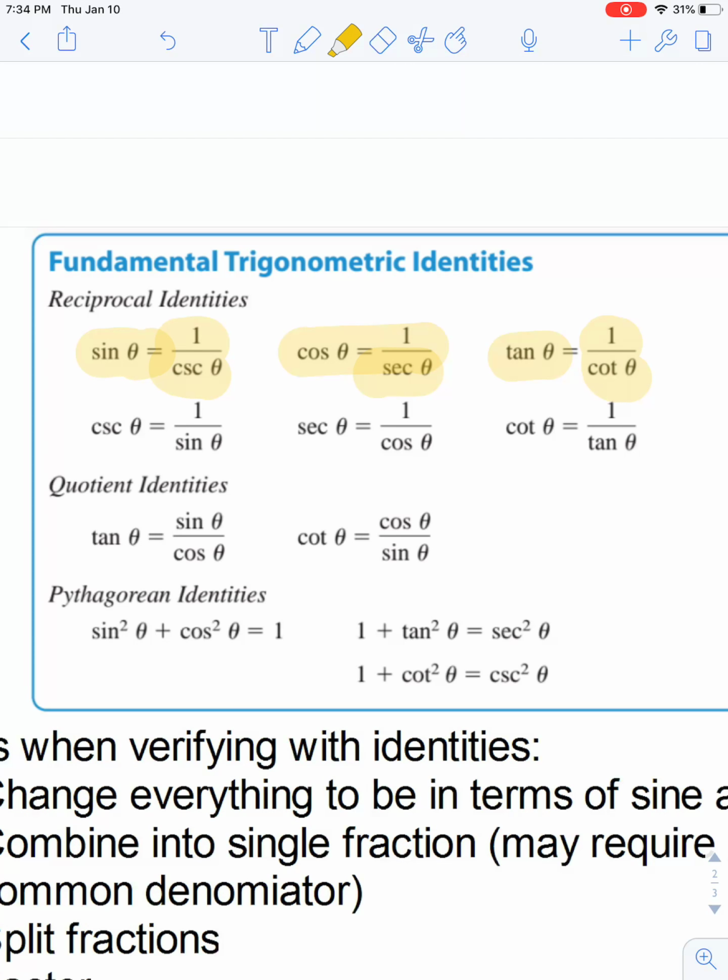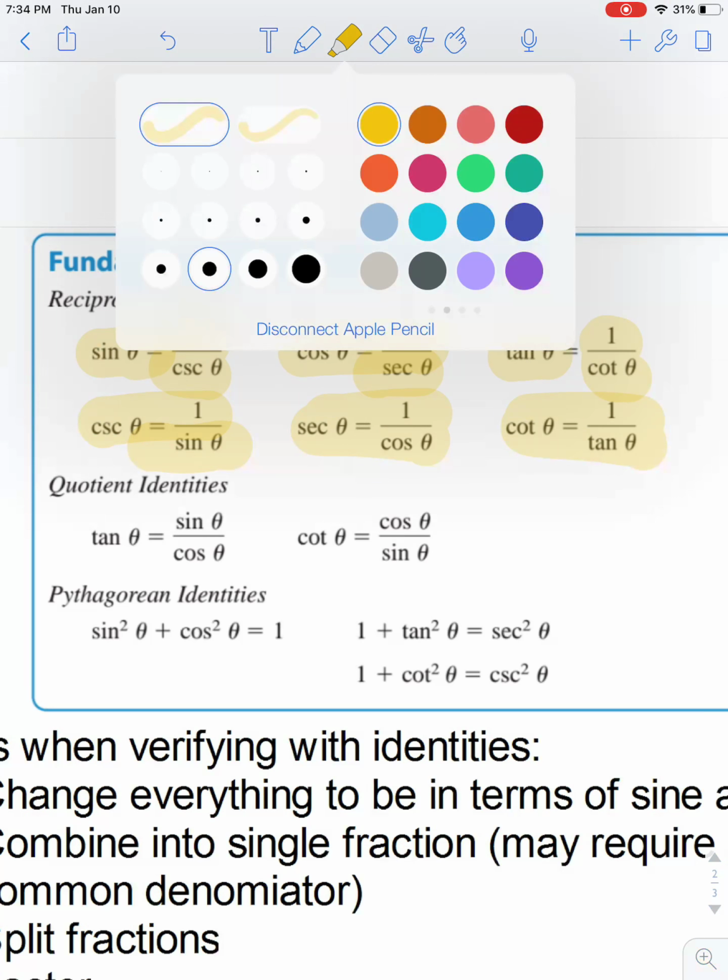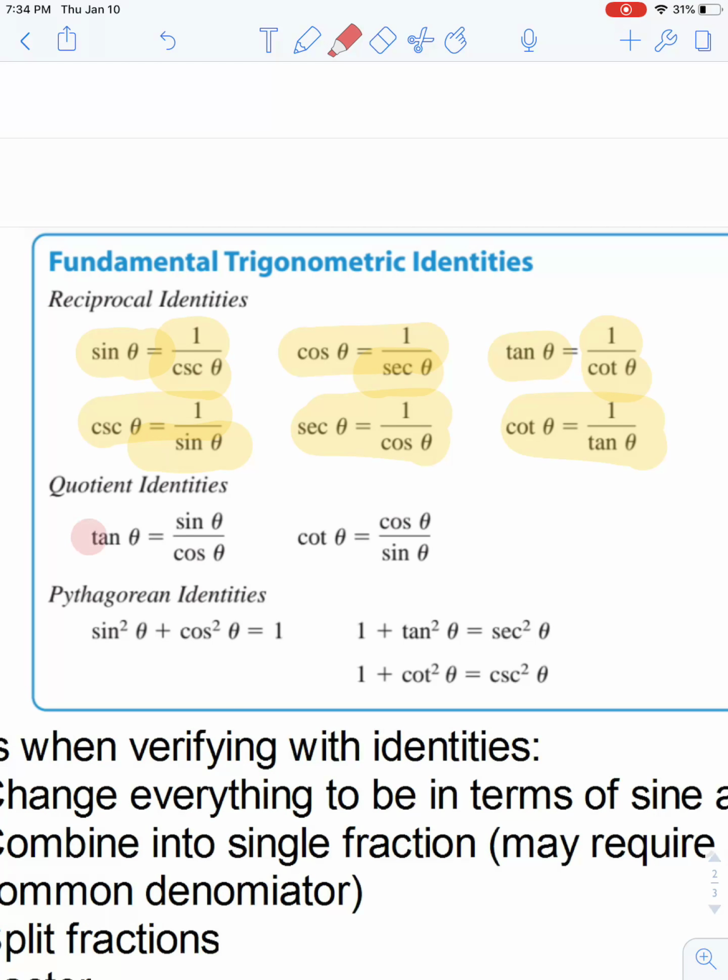Tangent of theta is 1 divided by cotangent theta. And then just the exact opposite. What's newer to us were these quotient identities. Tangent theta equals sine theta divided by cosine theta. And then the opposite rings true. Cotangent theta equals cosine theta divided by sine theta.